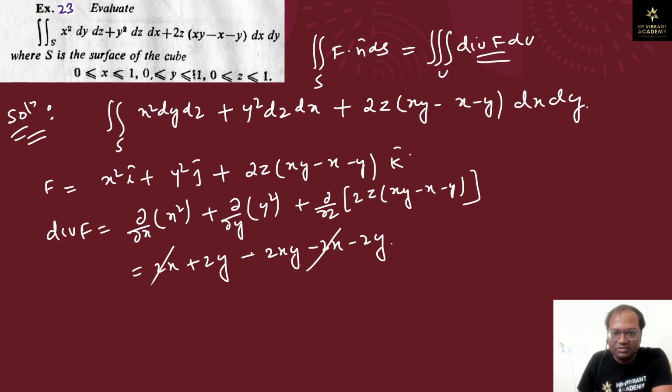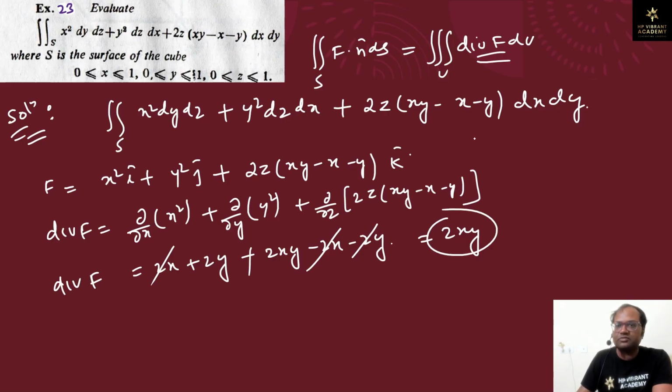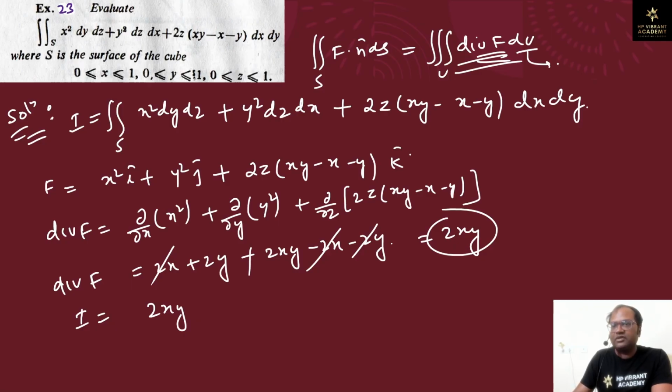Sorry, this is plus. So this is equal to 2xy. So divergence of F is equal to 2xy. Let us place here divergence of F, and let us take this value as I. So the value of I is equal to volume integral of 2xy, divergence of F dV, and dV we can write as dx dy dz. Since S is the surface of a cube, let us draw a cube here.